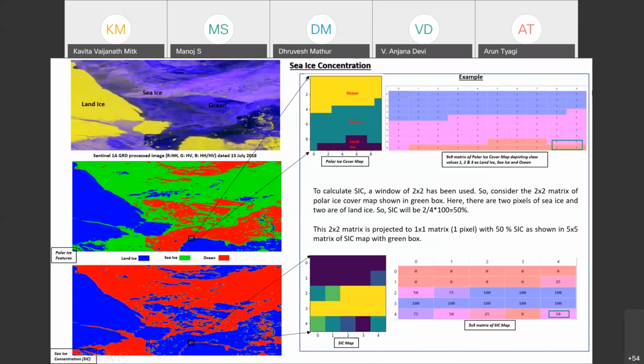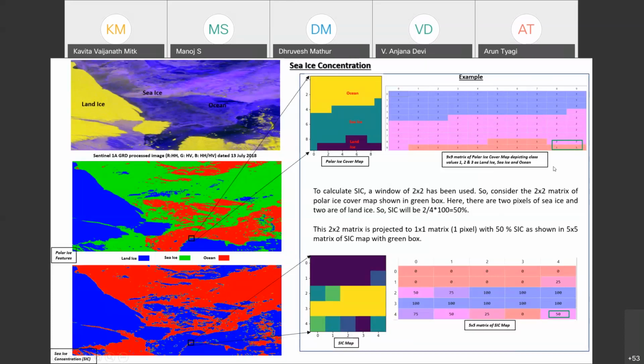How to derive the sea ice concentration is, now you can see this ocean and this is sea ice. So for example, I'll consider a small portion, a 9 by 9 matrix of the polar ice cover map, depicting three classes. One is representing the land ice, two is representing the sea ice, and three is representing the ocean. As an example, we are taking a 2x2 window.